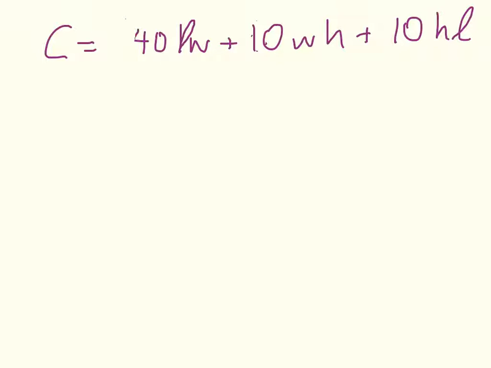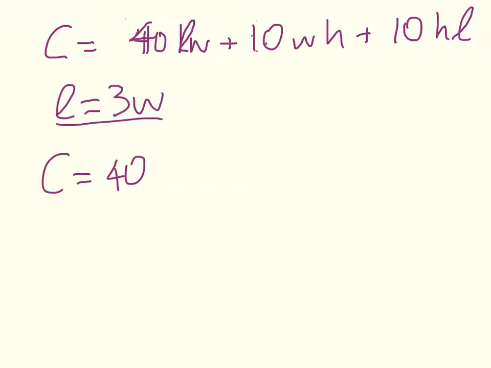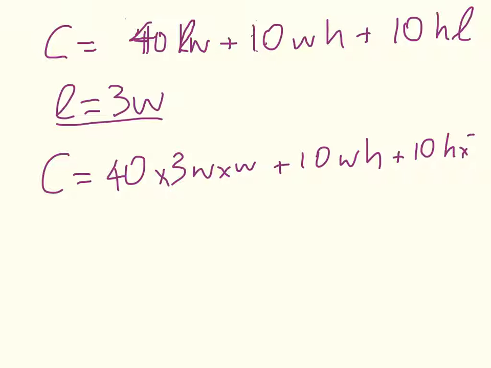And I'll make that L like that, just to make it a bit cleaner. Now, what do we know? Well, we know that L is equal to 3W. So the first step is to get rid of the L's. So C is equal to 40 times 3W times W plus 10WH plus 10H times 3W. So we'll clean that up first.